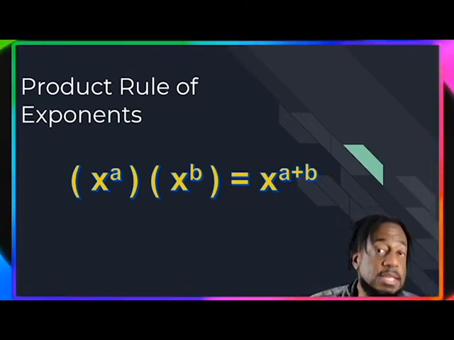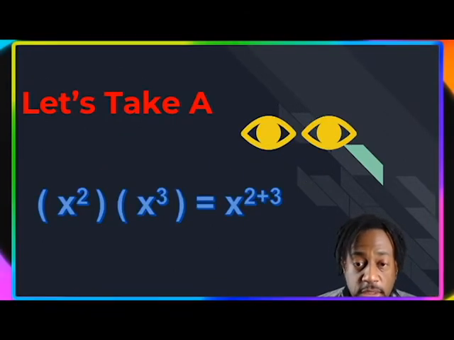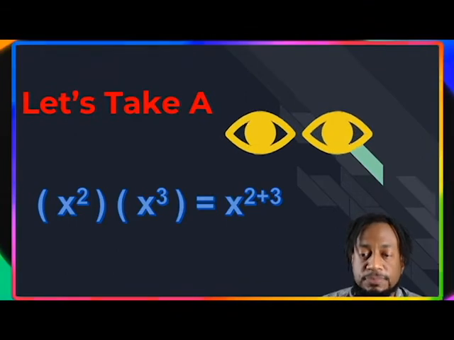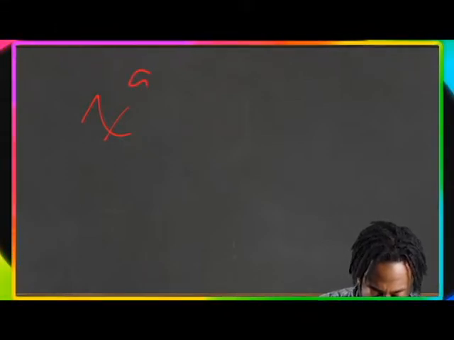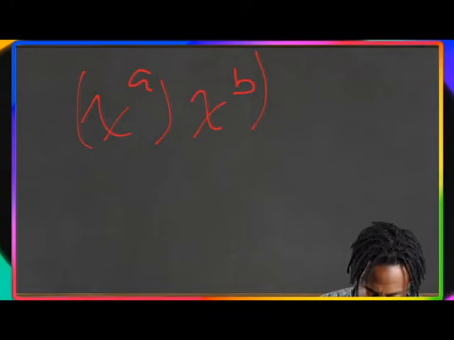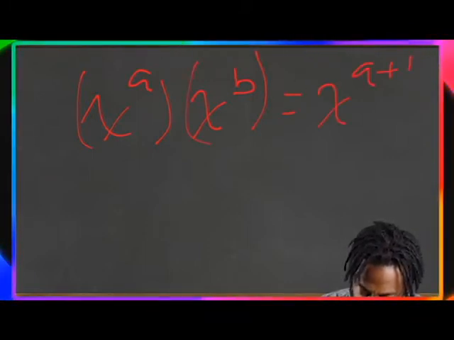So you got to add something, right? So let's take a look. This will give us x to the a times x to the b. Just a review so you'll understand. It'll give you a plus b.